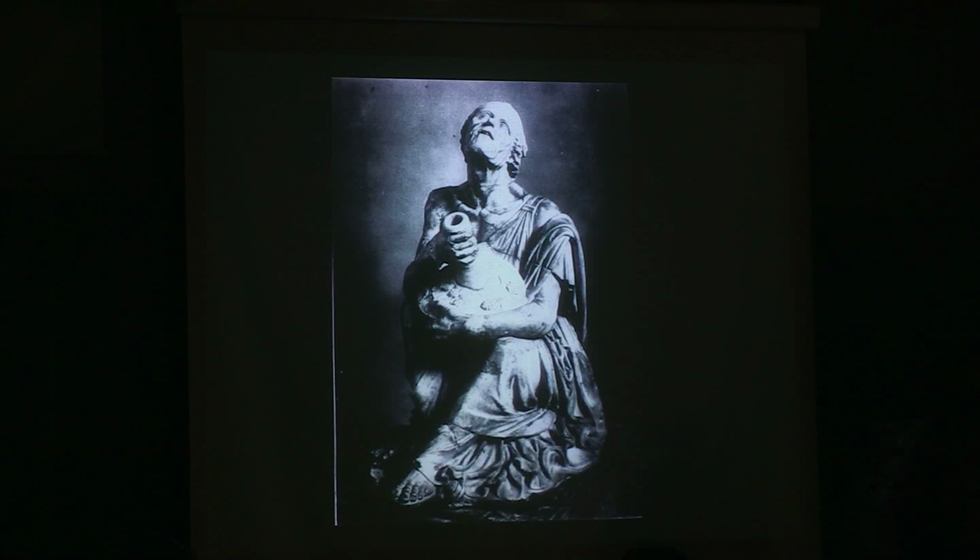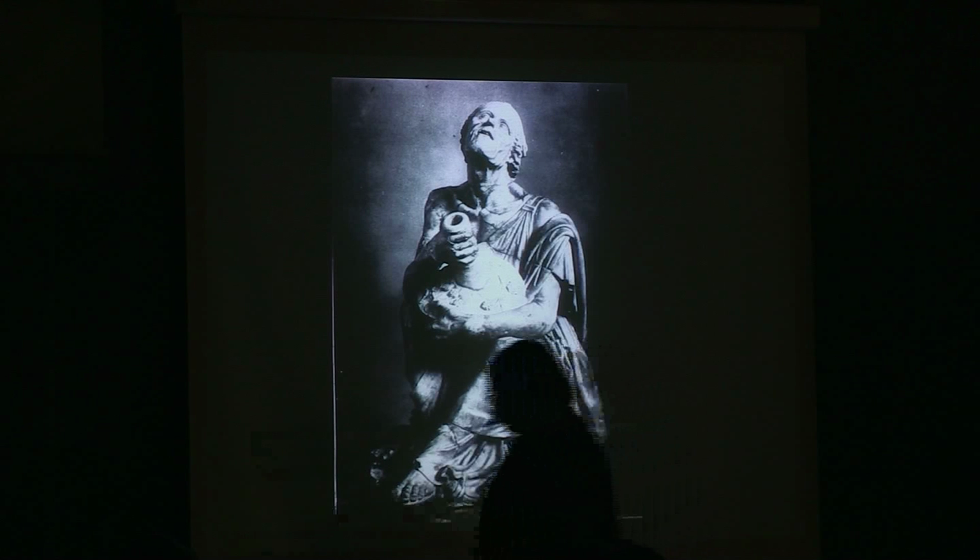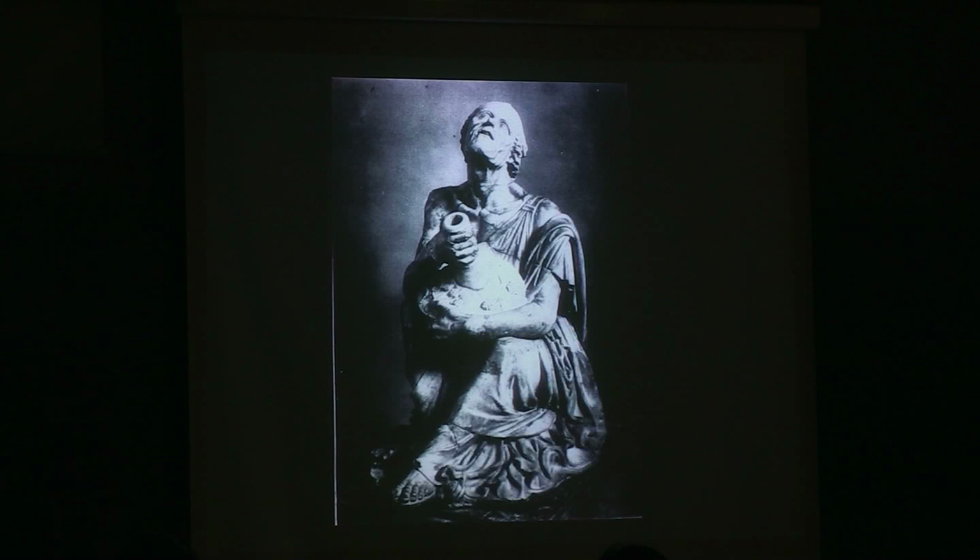So we now enter the Hellenistic age because the transition from the Doric refinement to the elaboration of other styles was dictated by a change in the mentality of the world.